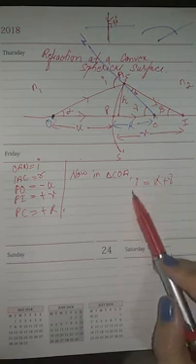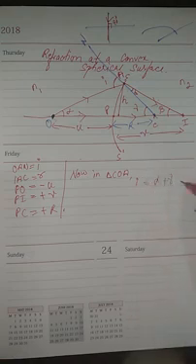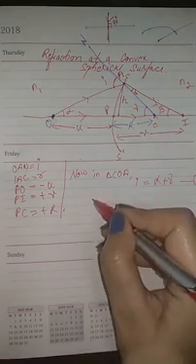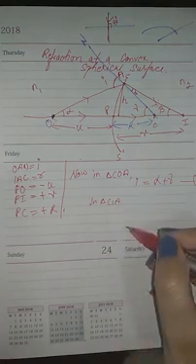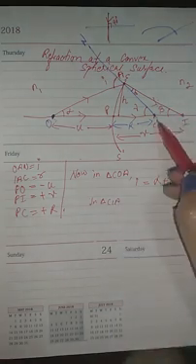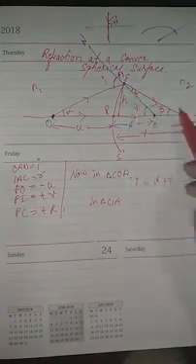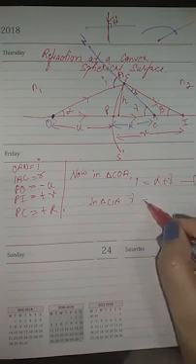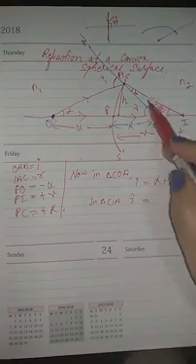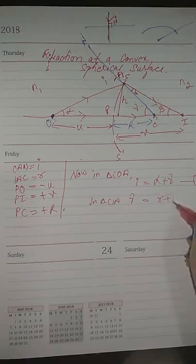Due to that reason angle i becomes alpha plus gamma. Equation number 1. Again, in triangle CIA, the same thing we will write: angle gamma, exterior angle is equals to sum of interior angles, that is r plus beta.